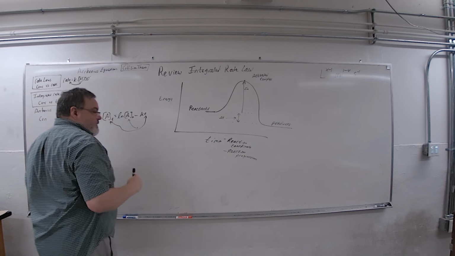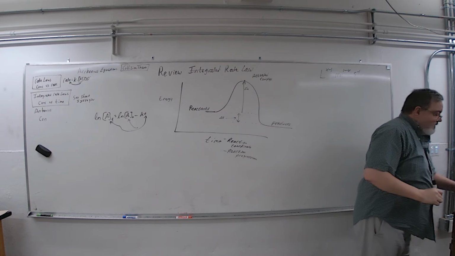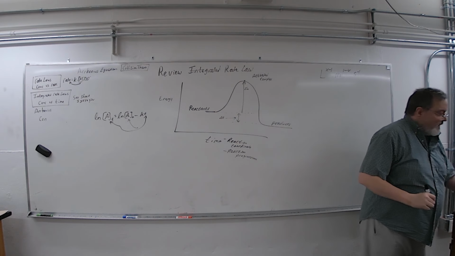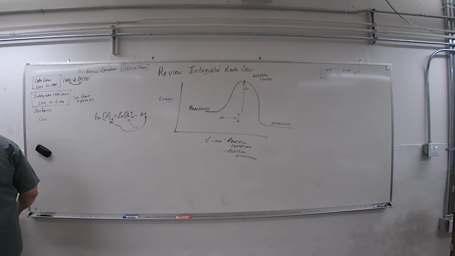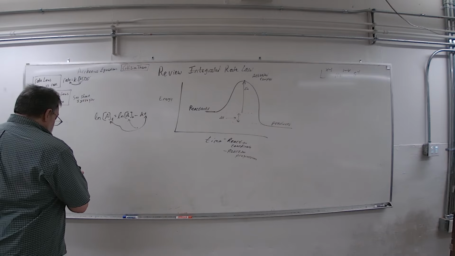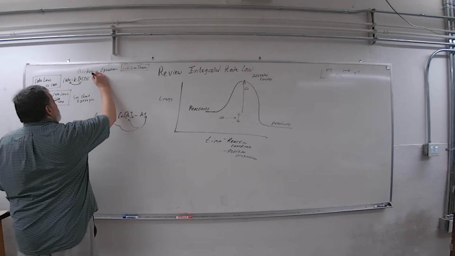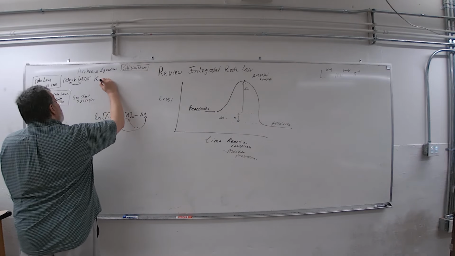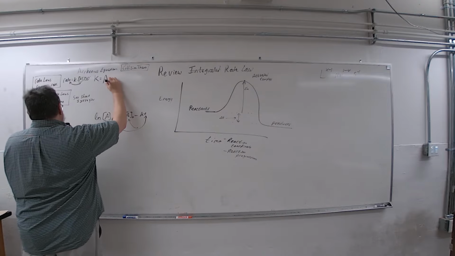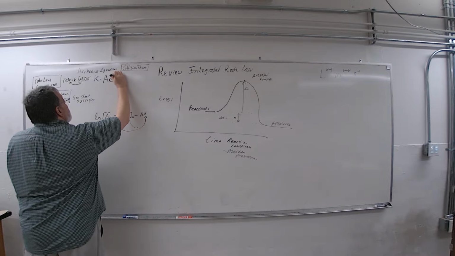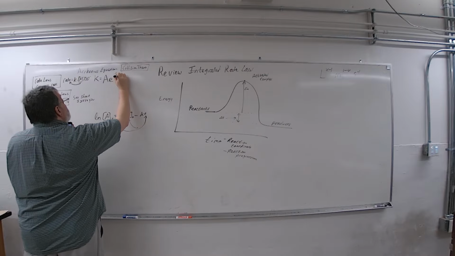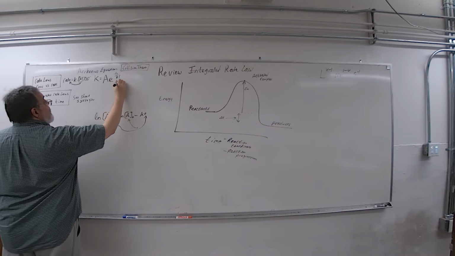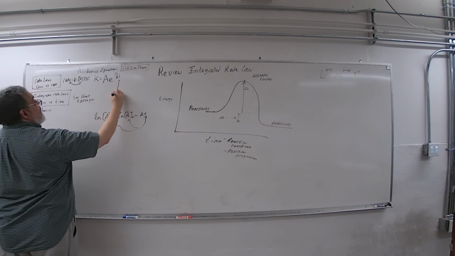Write down Arrhenius. I should have printed that out. The Arrhenius equation is k equals A e to the negative Ea over RT. So here we're actually relating temperature to k.